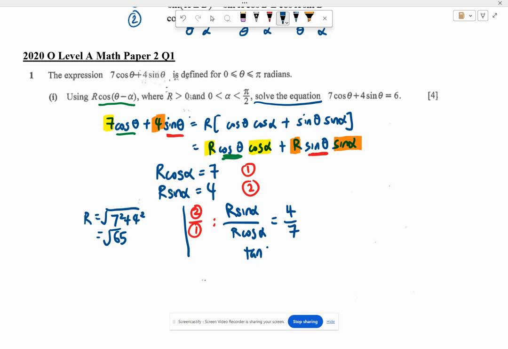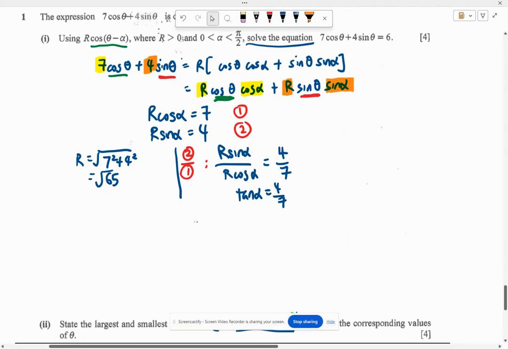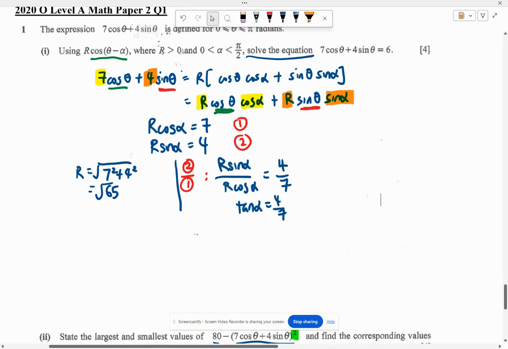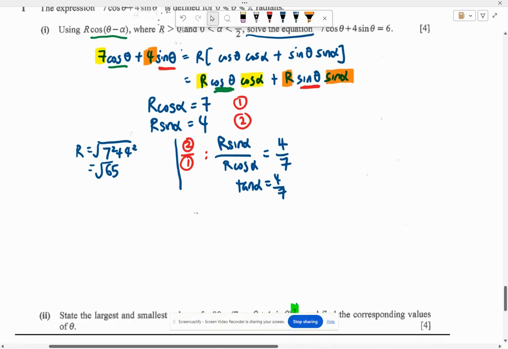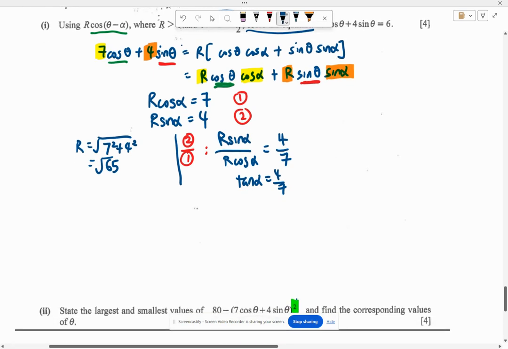Then you have tangent alpha equals to 4 over 7. Take note that this question says alpha must be in radians. Okay, it's defined in radians. Make sure the calculator is in radian mode, and you'll get 0.51915.